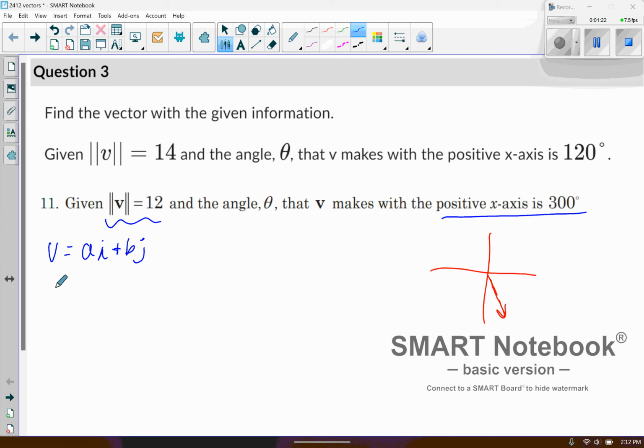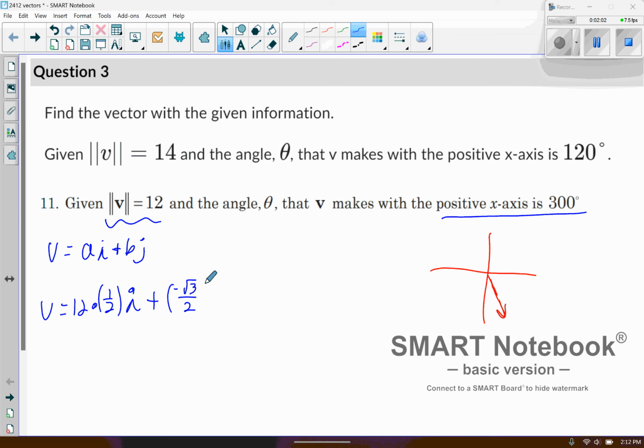So we're going to do 12 times, and the x value at 300 degrees, if you look on the unit circle, should be positive 1/2, so that would be 12 times 1/2, times i for my unit vector, and then plus my y value from my unit circle, which would be negative square root of 3 over 2.